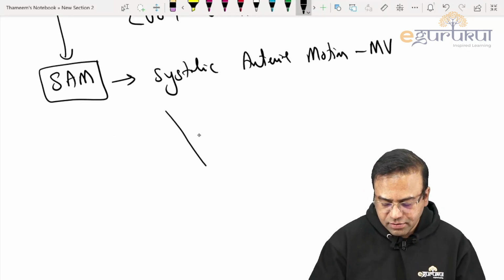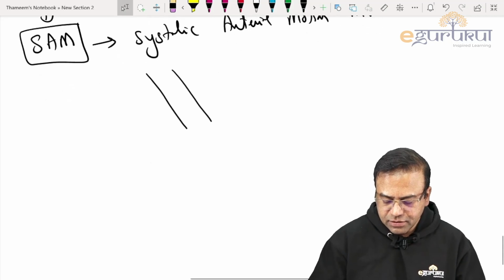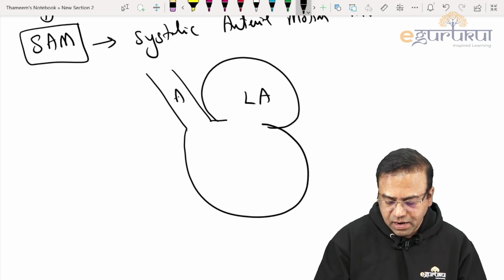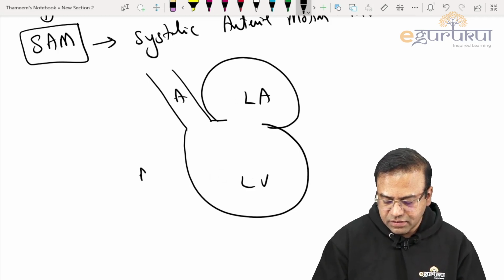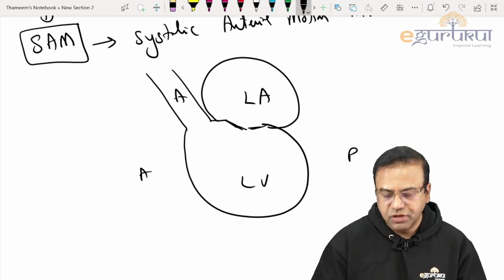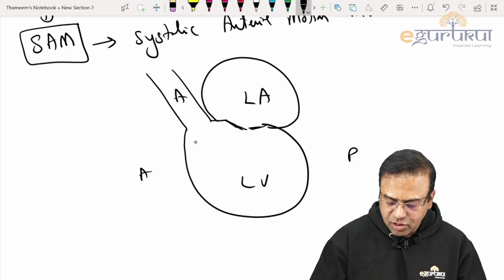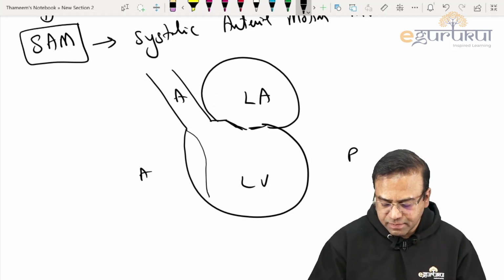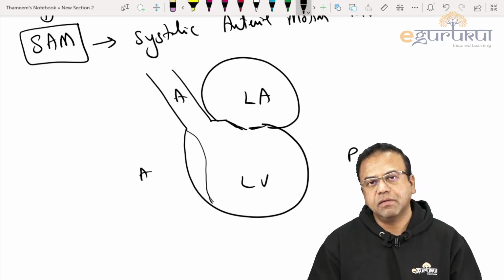It occurs because, say this is the aorta, we have the left ventricle, we have the left atrium, aorta, left ventricle, this is the anterior, this is the posterior, you have the anterior mitral leaflet, you have the posterior mitral leaflet, and there is an obstruction that is occurring, and this obstruction is partly because of the septum creating the blockage.